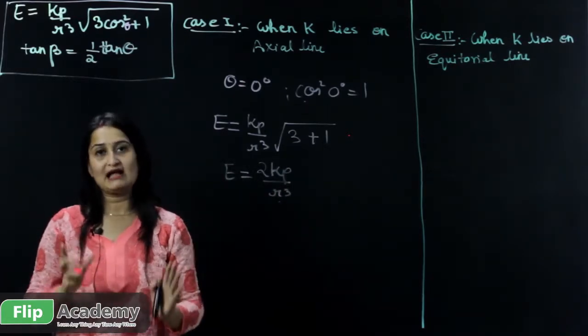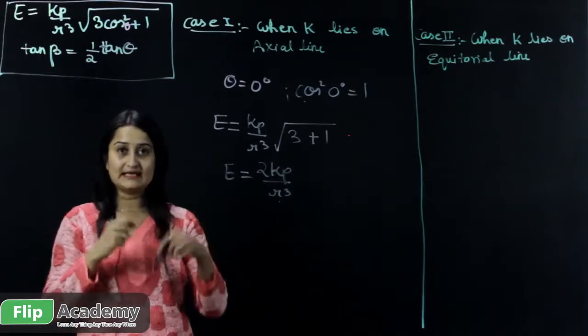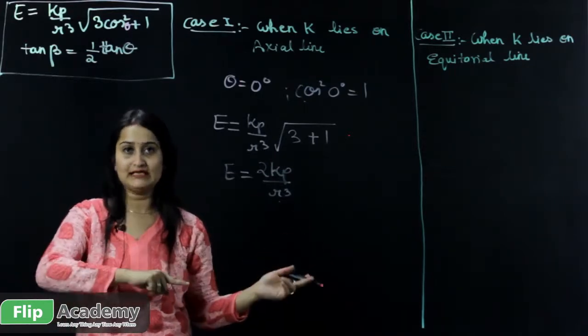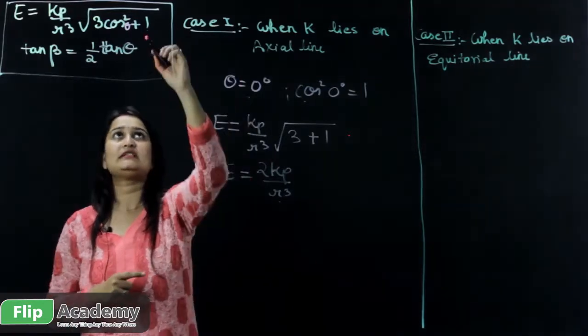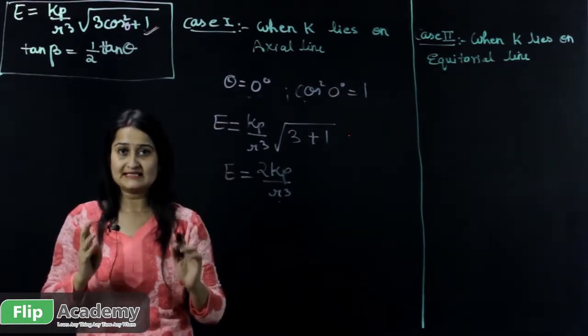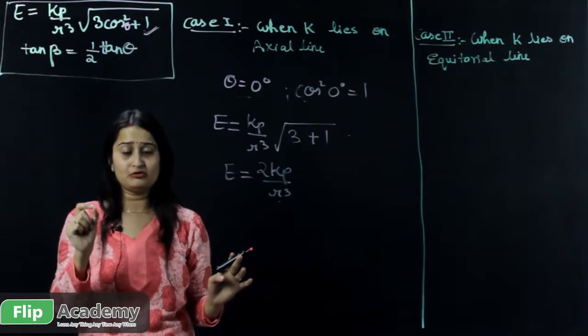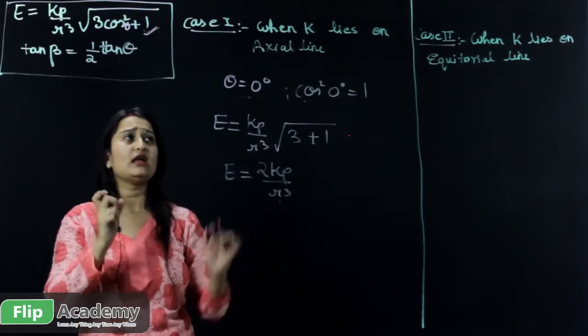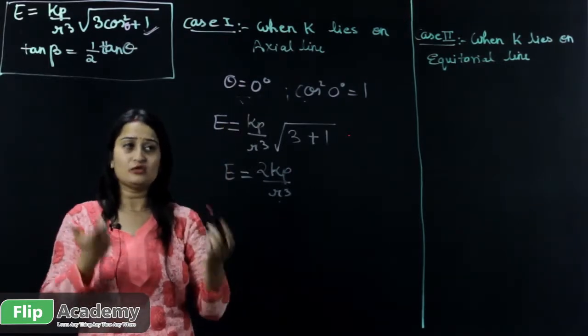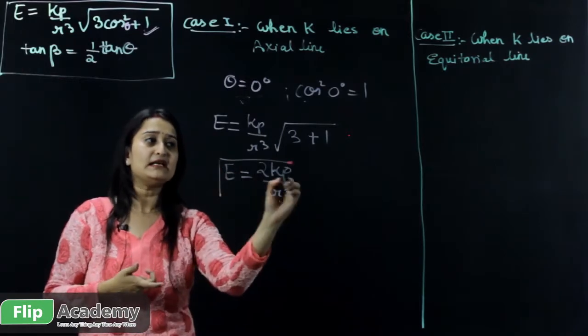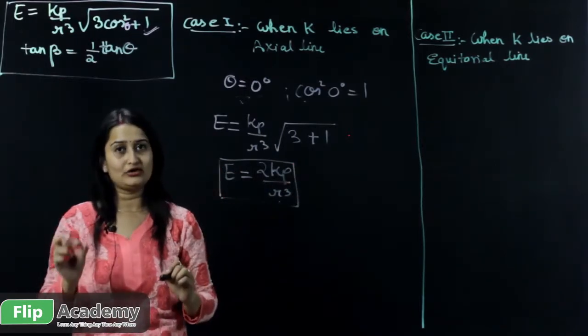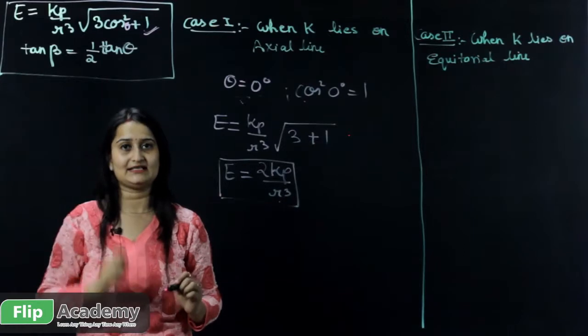We already have worked upon it. So you can see here that if you are considering any point and θ is 0, this is the general formula for axial line as well as equatorial line. But if you put this condition, you will again get the same familiar formula that you have already calculated along the axial line.